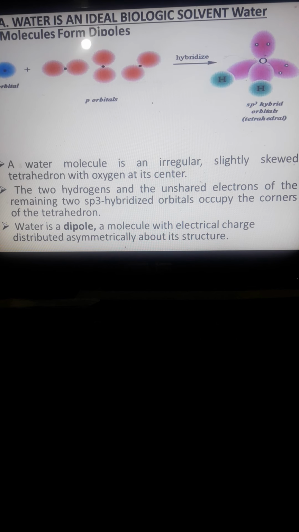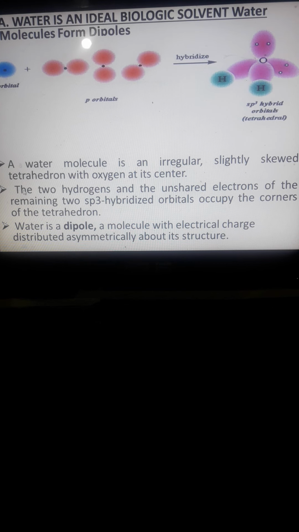Okay, so when we say water is an ideal biologic solvent, usually it is sp3 hybridized, wherein 1s is hybridized with 3p orbitals, or px, py, pz. So the hybridization state of water is sp3 hybridized, that is tetrahedral.